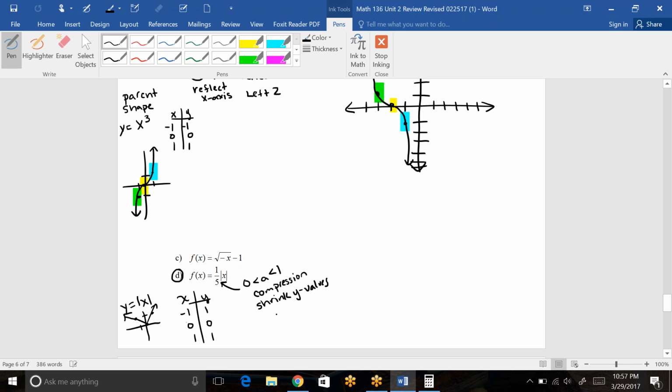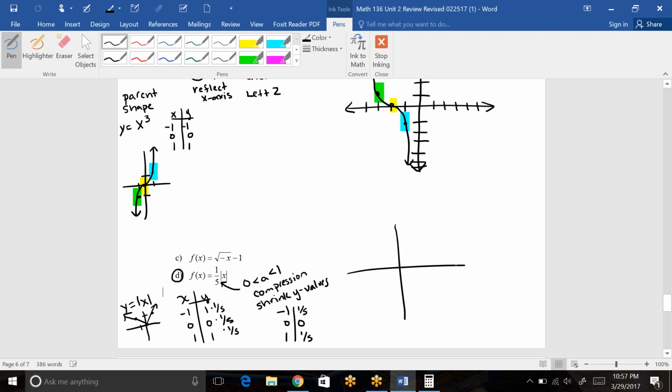How we do that is we take the y values and multiply them all by 1/5. Okay, so essentially this new chart would be -1, 1/5, 0, 0, because 0 times anything is still 0, and 1, 1/5. So what happened is that whatever comes out of this, it then gets multiplied by 1/5, so it's shrinking down that y value.